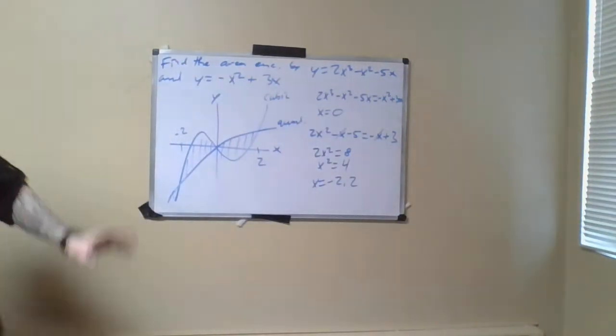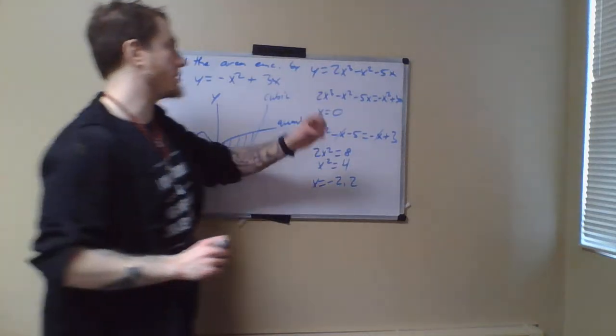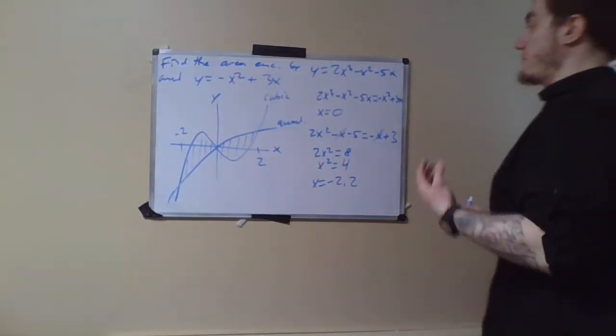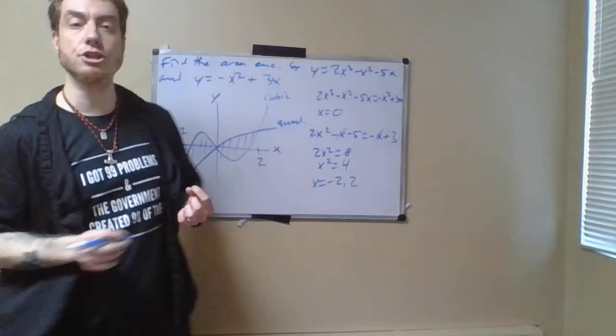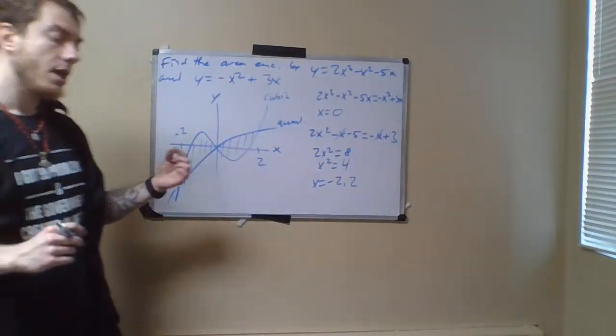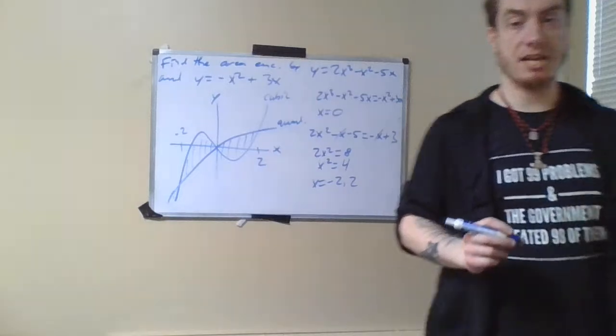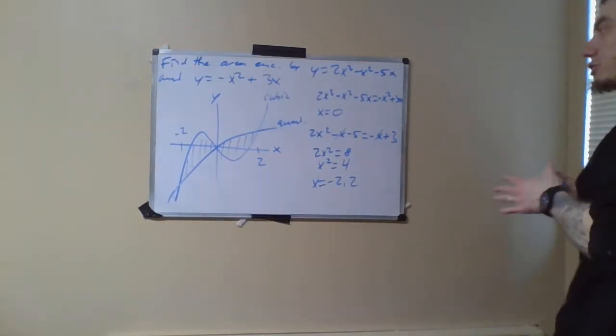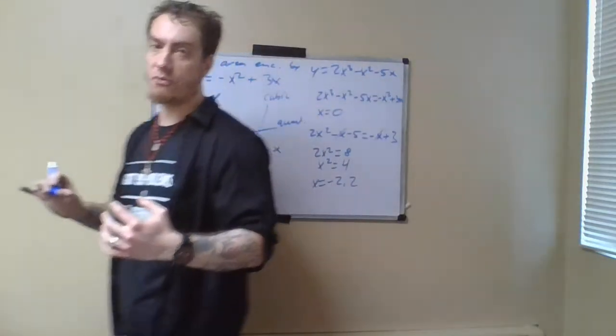So more generally, if I'd had something perhaps a bit more complicated, I may have had to appeal to things like the quadratic formula to solve one of these equations and find the intersection points. When you find these intersection points, any techniques from algebra are possibly fair game for this stuff.